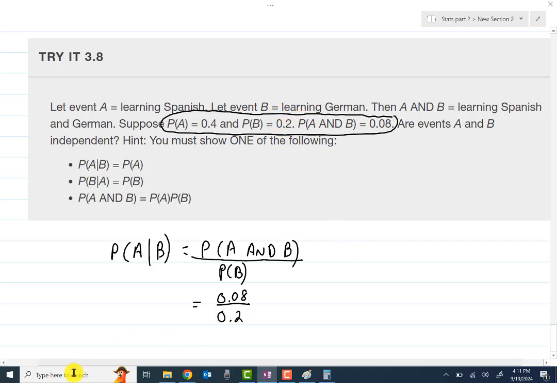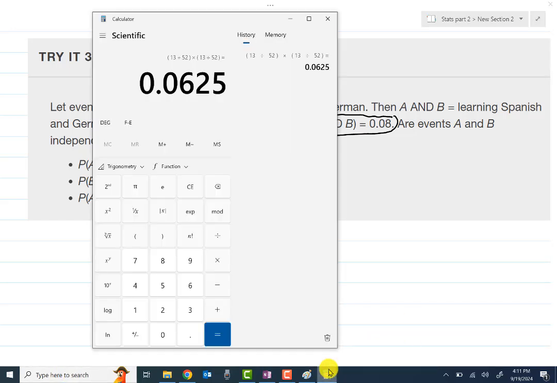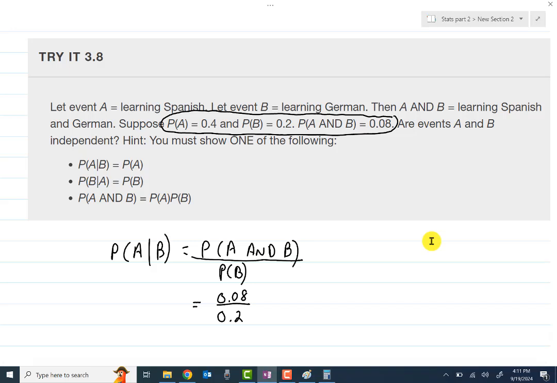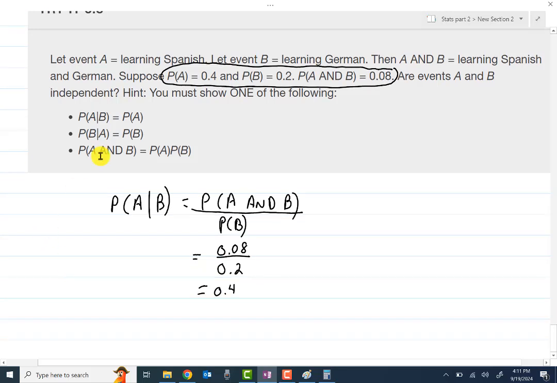Well, this is easy enough to do on any calculator. Do I have it still up? I do. 0.4. Well, notice that's the same thing as P of A. So by starting here and ending here, I showed the first one to be true.